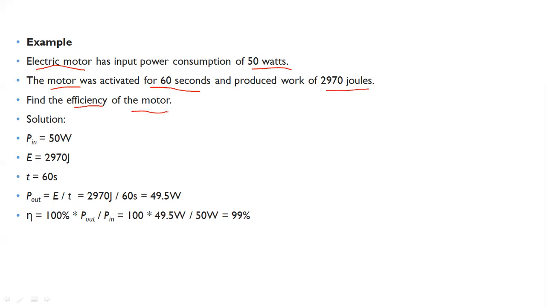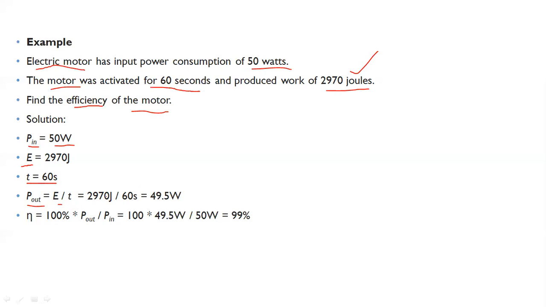So the solution will be as follows. The power input is given as 50 watts. The output energy was 2970 joules and t is equal to 60 seconds. So power output will be E by t.